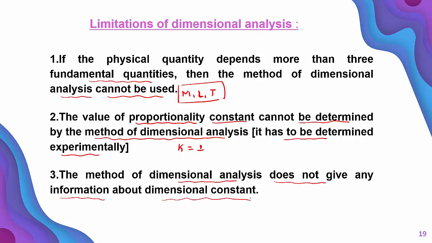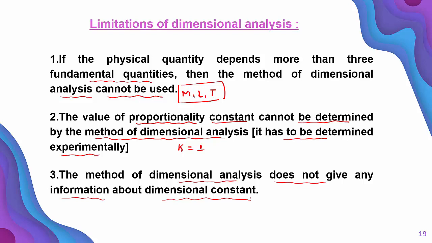You observed the three applications. These three applications do not give any information about dimensional constants. What are dimensional constants? Dimensional constants are the physical quantities which have a dimensional formula as well as a fixed value.